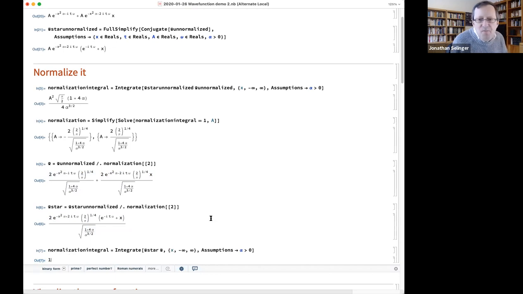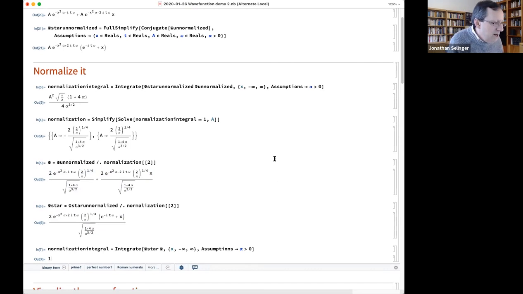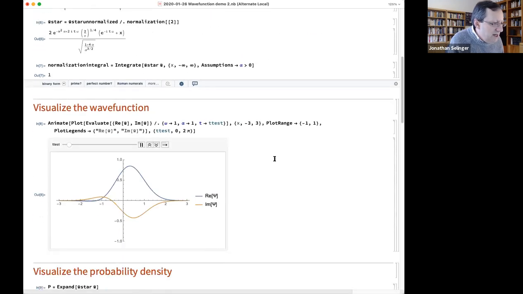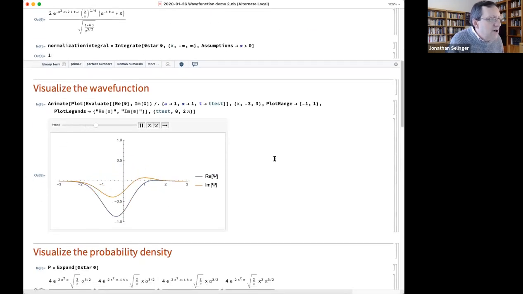Okay. Now, what I really want to show you is, what does the movie look like if we had this wave function? Okay, so let's look at it. Here is a movie, and you can see that this movie looks maybe a little bit more interesting than our last movie, right?